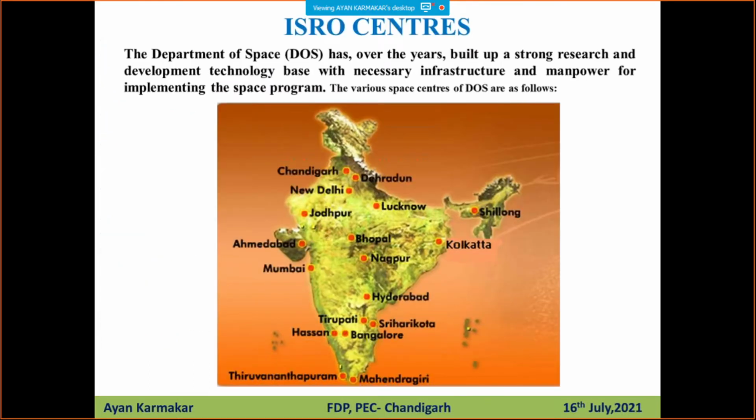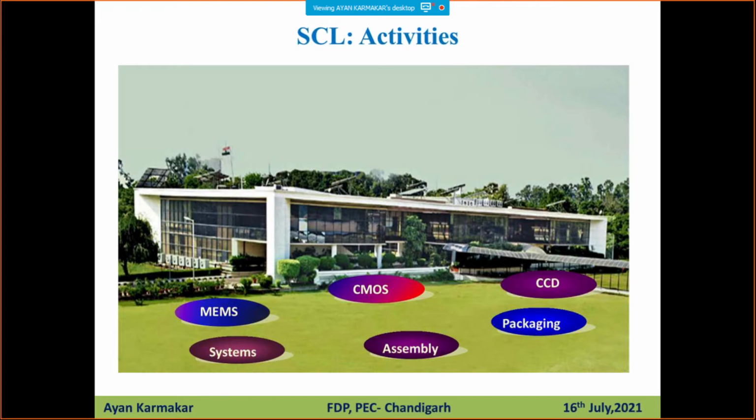As we know, SCL Chandigarh is the only center of ISRO in the northern part. Taking advantage of this facility, two fabs are running in parallel here. One is 6-inch, another is 8-inch. We can have a flavor of an A to Z facility here. Under a single umbrella, you can get CMOS, MEMS, optical things, everything, and you can start from the very basics.